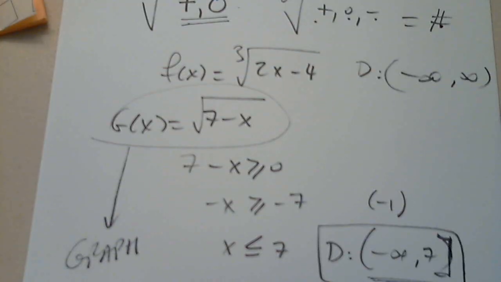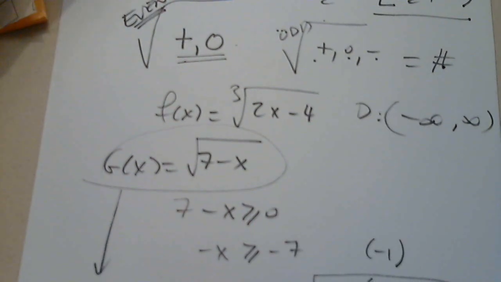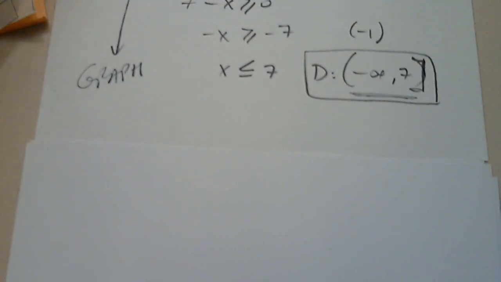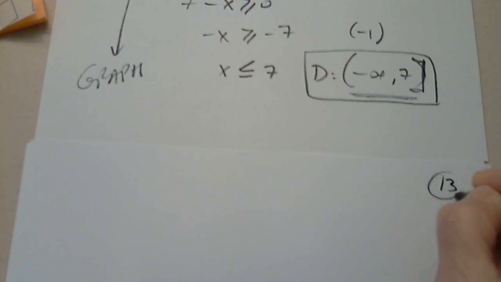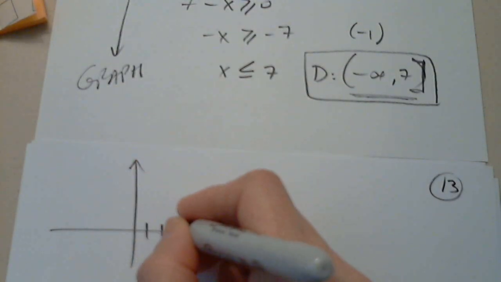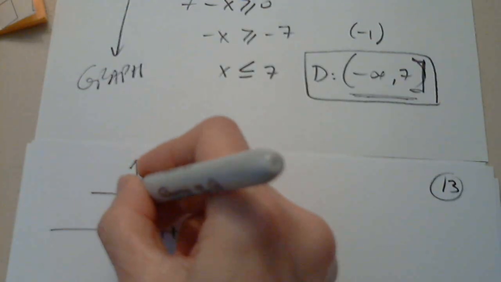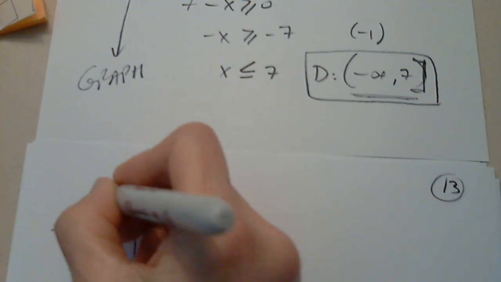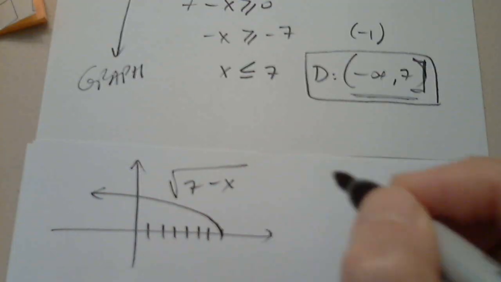Here's the graph. So the graph of this function, as expected, is between negative infinity and 7. 1, 2, 3, 4, 5, 6, 7. I'm just copying it. So this is the square root of 7 minus x.